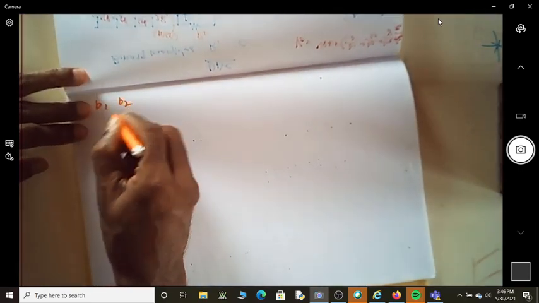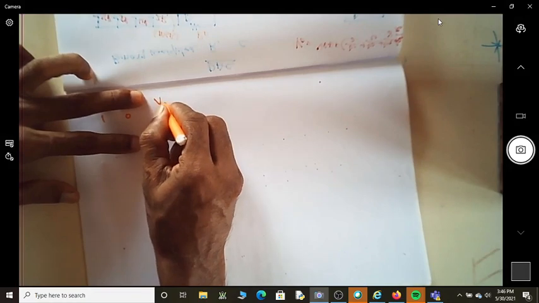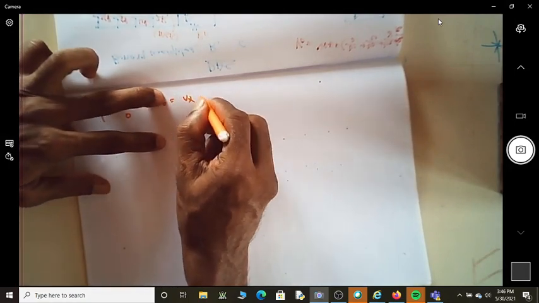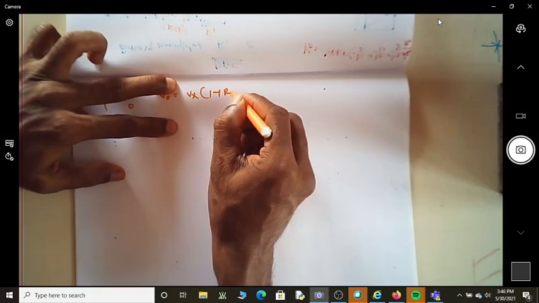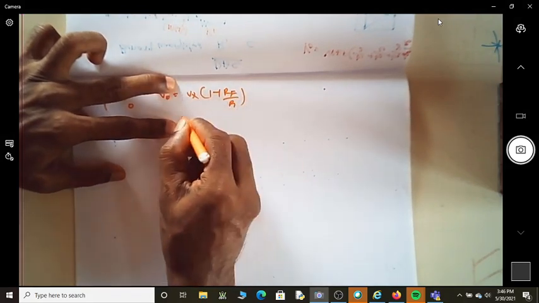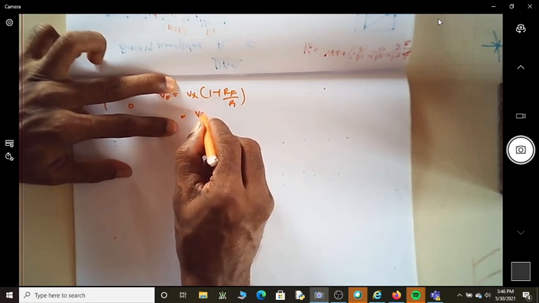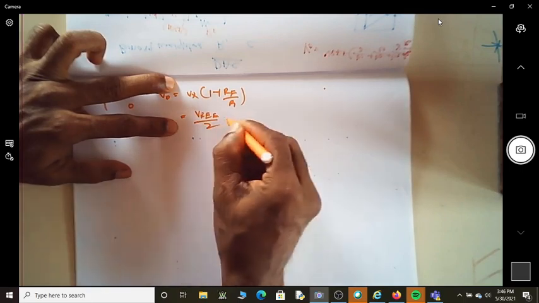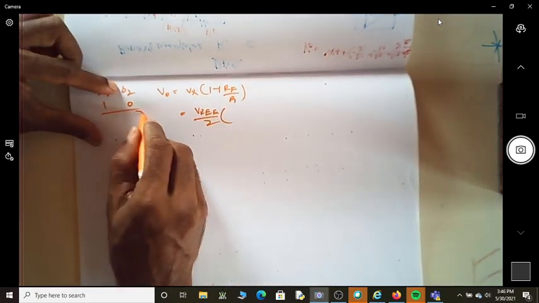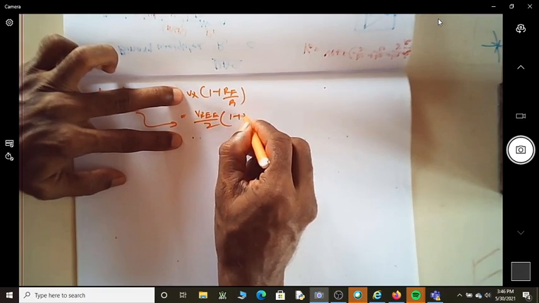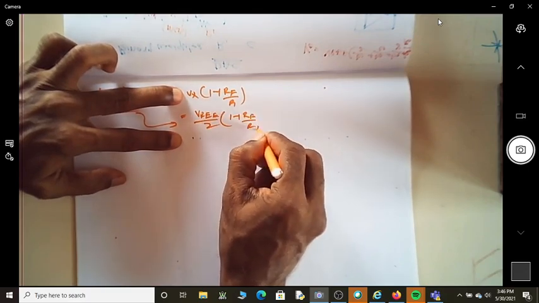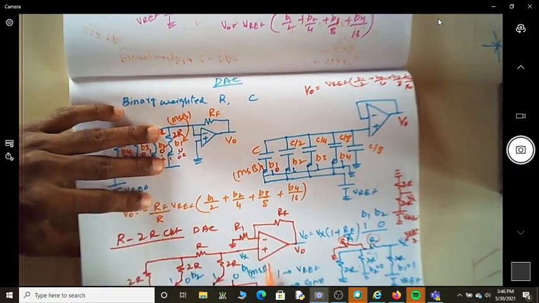So if I write what V0 is, when B1 and B2 are 1, 0, the output voltage is equal to Vx into 1 plus Rf by R1, where Vx is Vref by 2. So for this particular combination it is Vref by 2 into 1 plus Rf by R1. Suppose I say this as R1, this as R1.